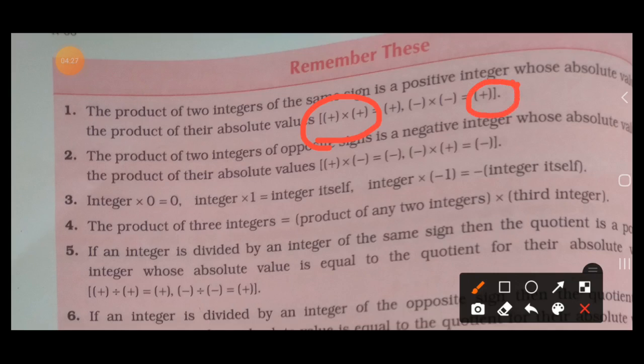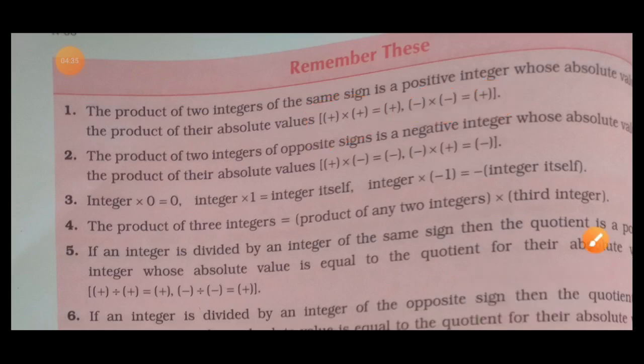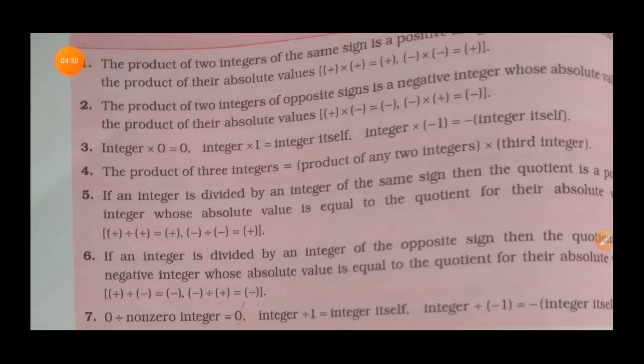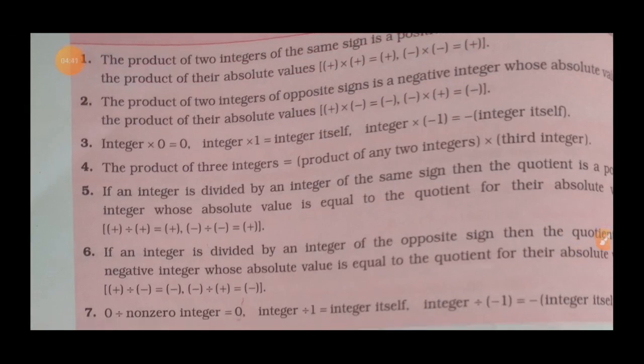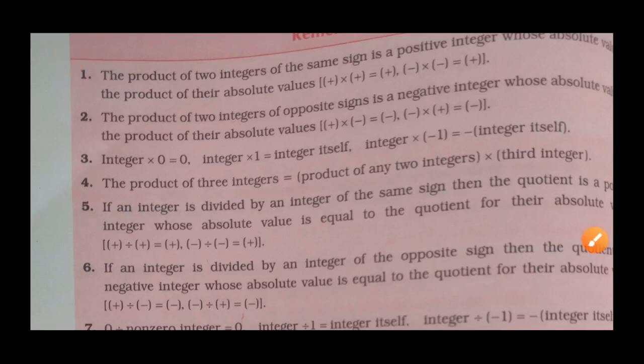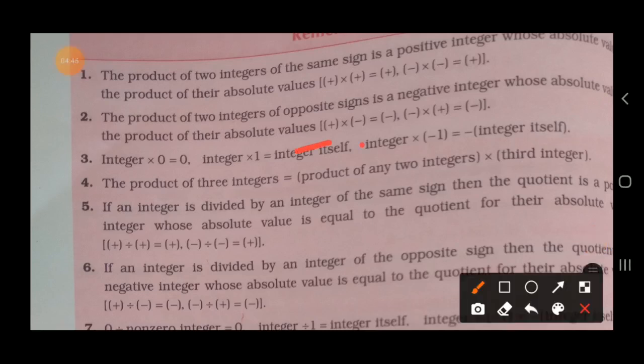If you are multiplying two negative integers, then also the product will be positive. In multiplication, if one number has a positive sign and the second has a negative sign, then the product will come with a negative sign.